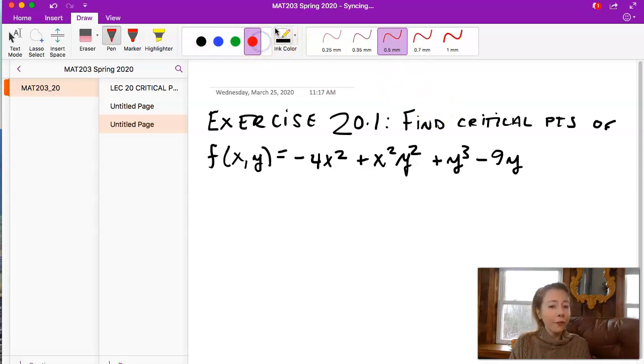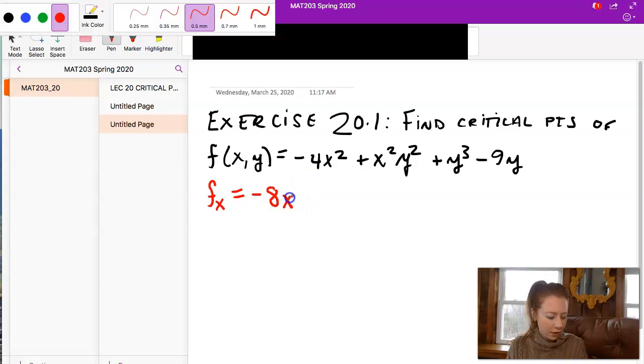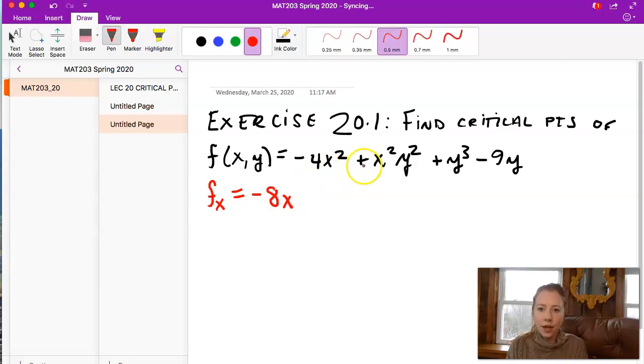All right, so remember we have to start by finding where the gradient is 0 or undefined. So our first step is to find the gradient, so we need to take the first order partial derivatives, first with respect to x and then with respect to y. So f sub x is going to be minus 8x plus, and we have x squared y squared, so that's going to become 2x y squared.